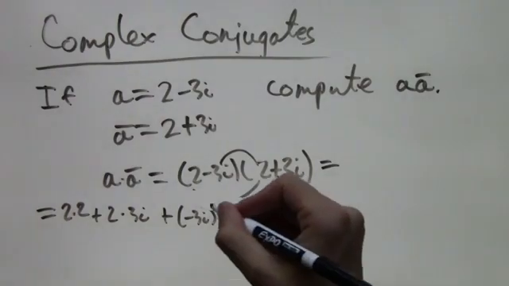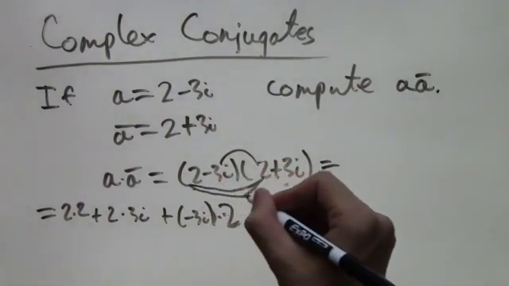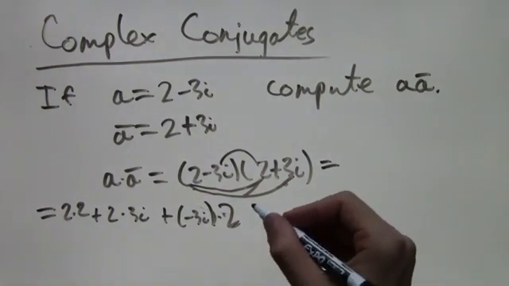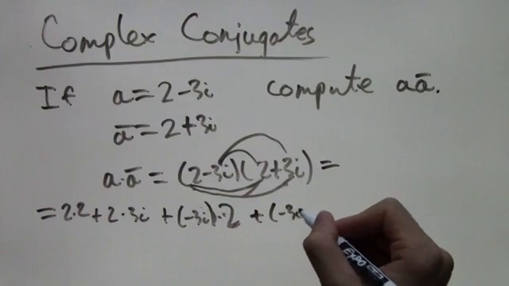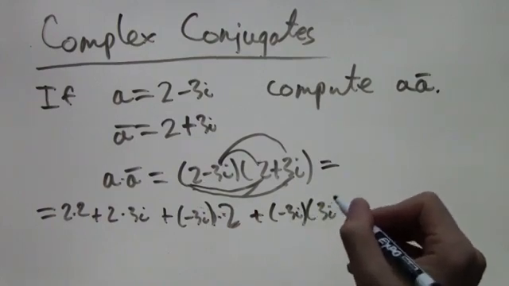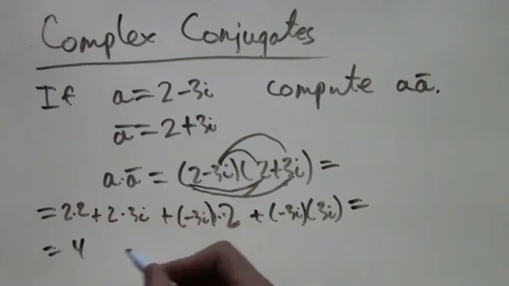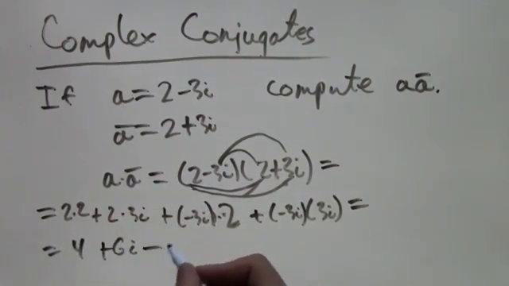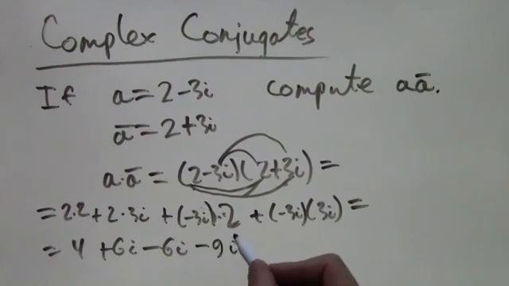And then we have our negative 3I times positive 3I. Alright, so now we're going to simplify this. So we get 4 plus 6I minus 6I. And then this is going to be minus 9I squared.